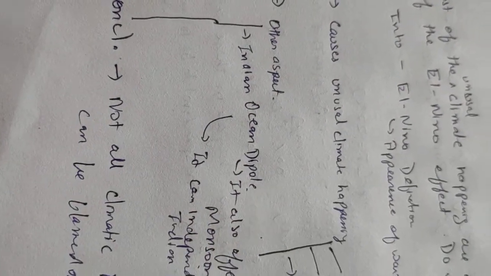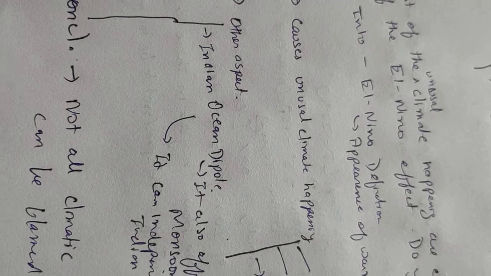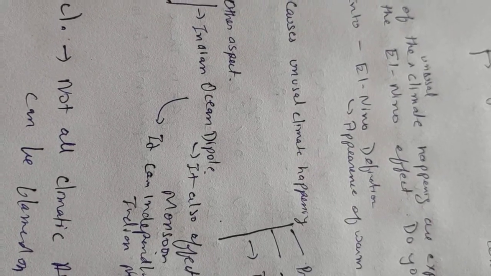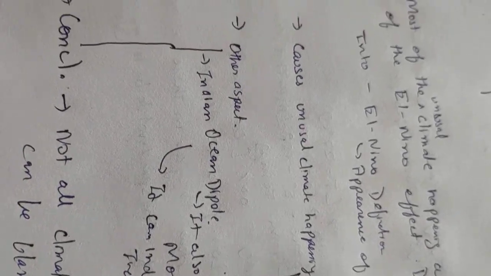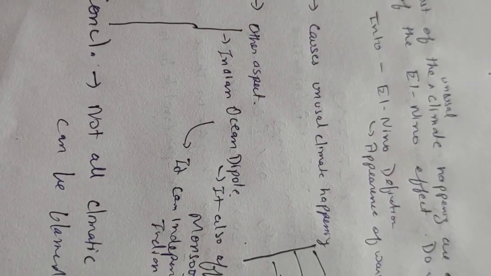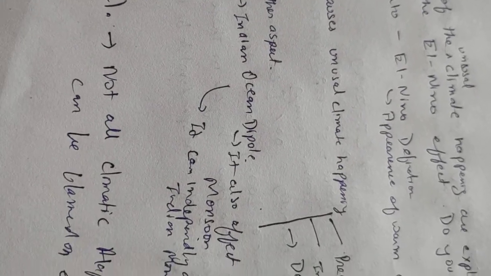Then there are other aspects. It's not only that El Nino is affecting our Indian monsoon. So we can relate or add other phenomena which can directly or indirectly affect the climatic conditions. So the Indian Ocean Dipole, IOD, is one of them.